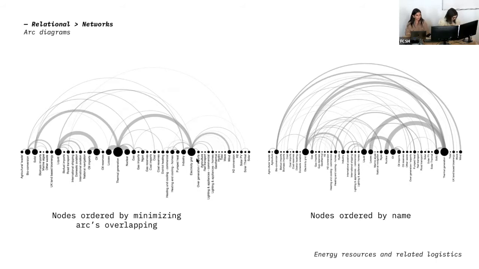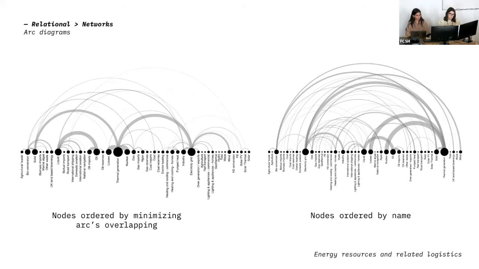Here we have nodes ordered by minimizing arc overlapping, and here nodes ordered by name. So the relationships between these nodes are represented by this arc, this line that connects the nodes.